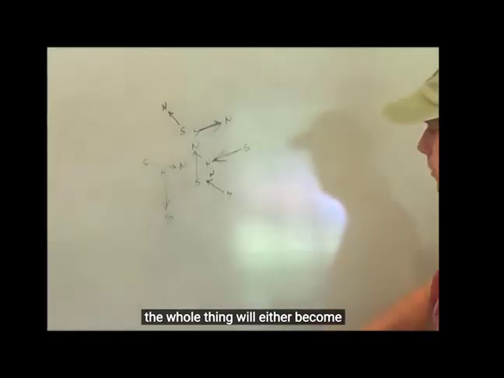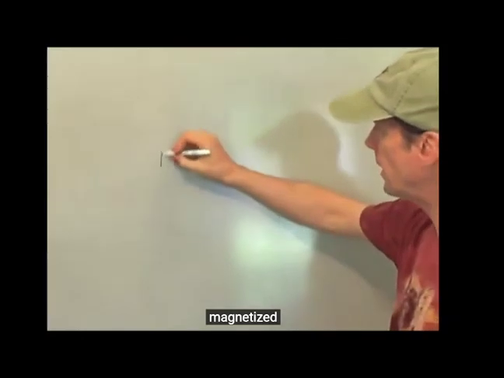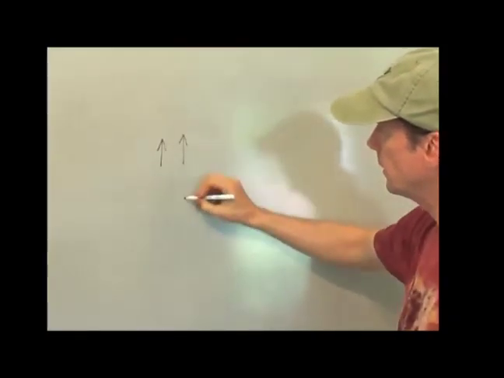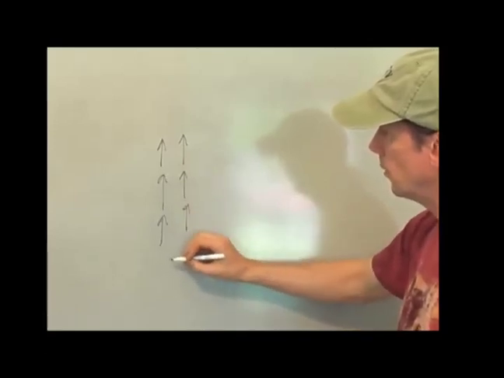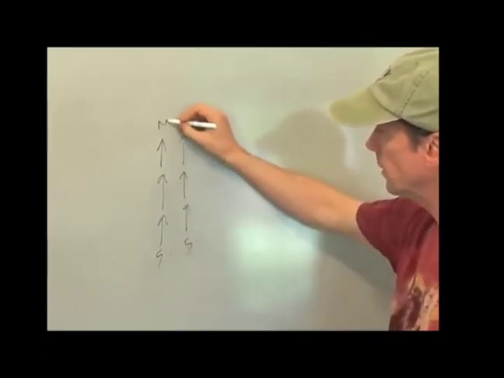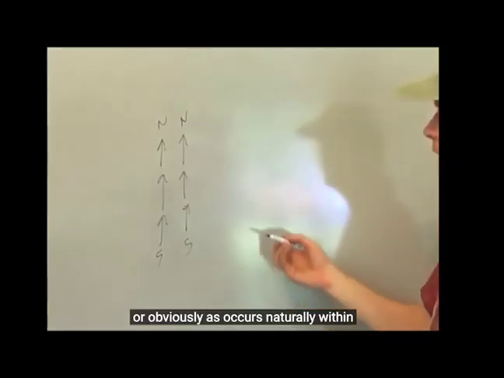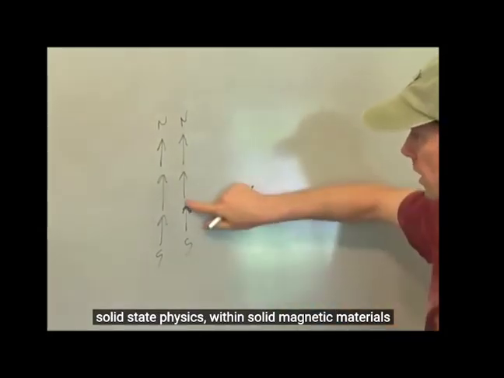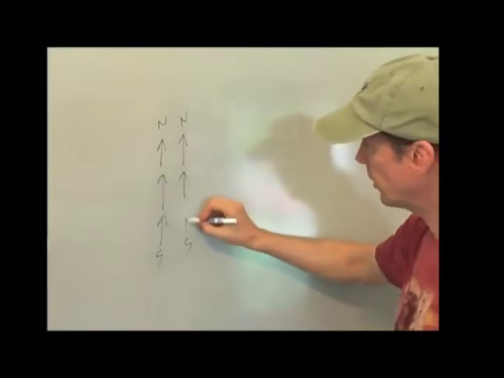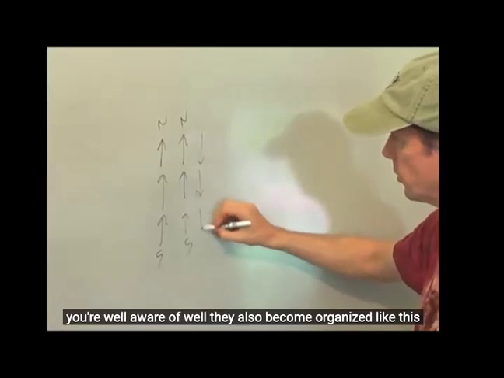So the whole thing will either become magnetized, more like this, or obviously, as occurs naturally within solid state physics, within solid magnetic materials, they also become organized like this.